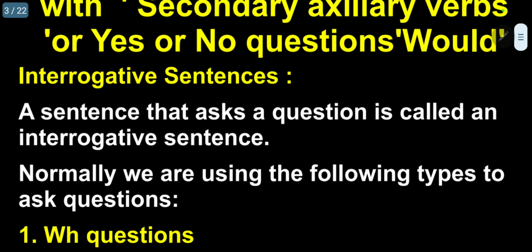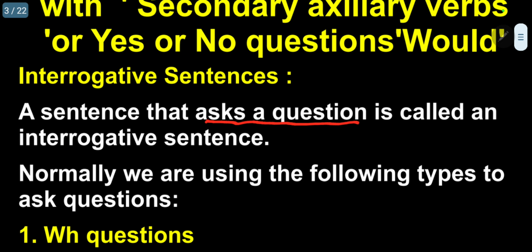Okay, what is an interrogative sentence? Let me define it now. A sentence that asks a question is called an interrogative sentence.